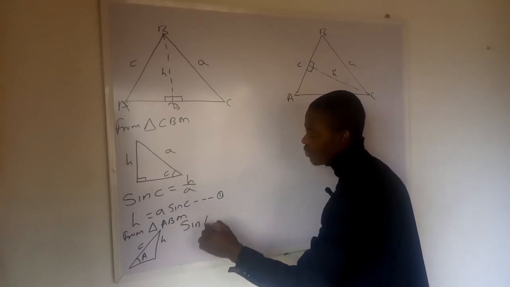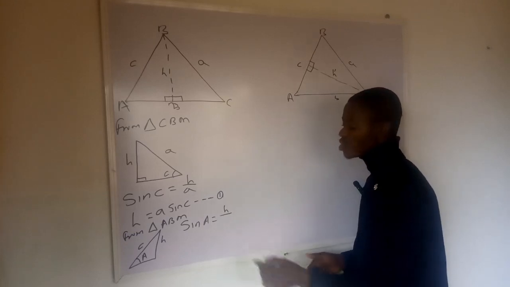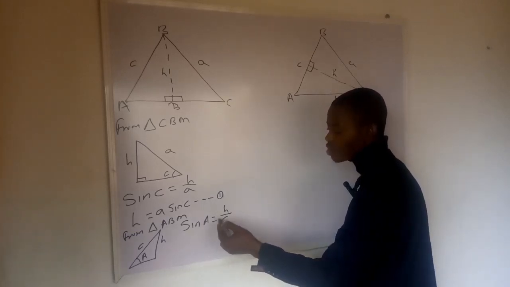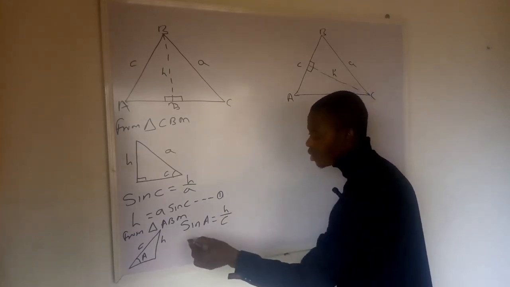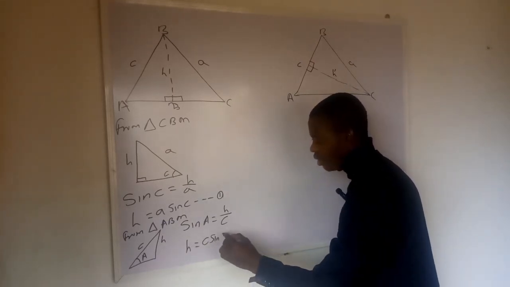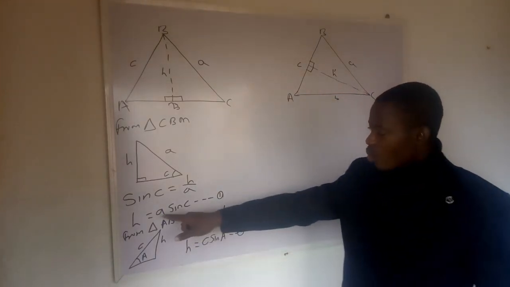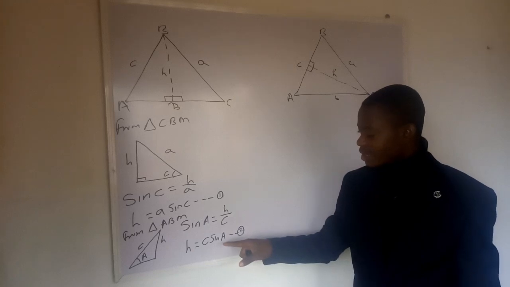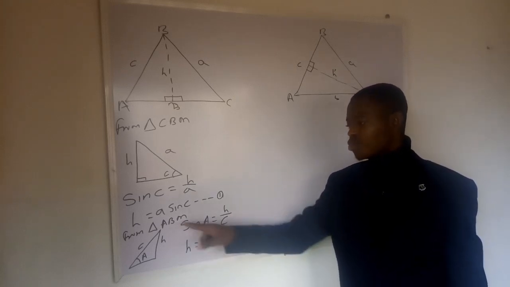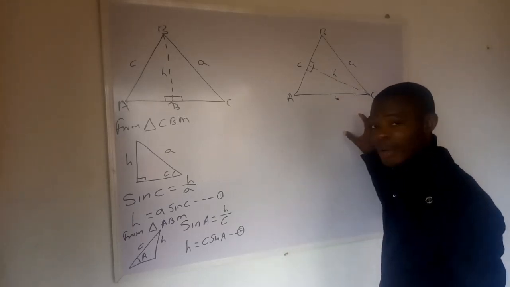Sine of angle A is still equal to the opposite H over hypotenuse C. Upon cross multiplication, H is still equal to C sine A. Equation 2. But H is equal to H. So definitely we can set C sine A equal to A sine C. But we won't do that for now. Let's come back to this one.